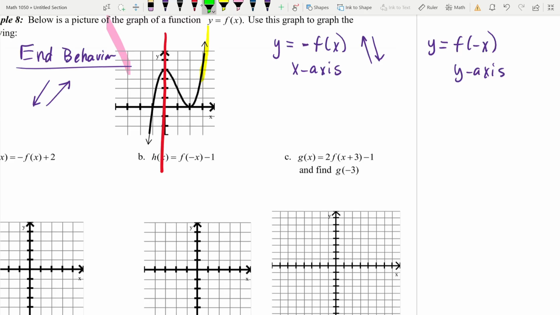On the left-hand side, this goes down. If I fold it across the red, it goes over here, down. So my end behavior would then be my pink lines, which would be left up and right down. Who says I understand? Raise your hand. Let me see. That's what people couldn't get past. An x-axis reflection or a y-axis reflection changes the end behavior of the graph.